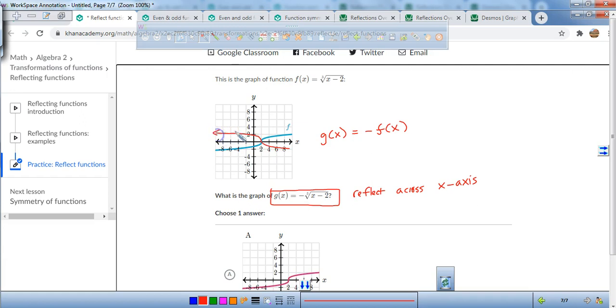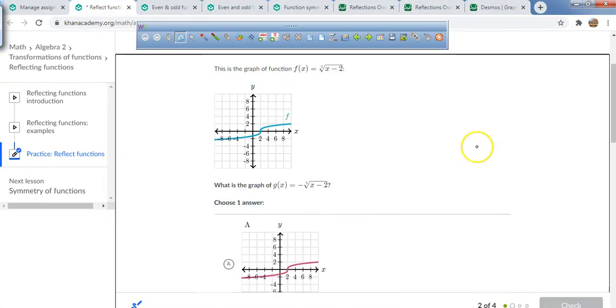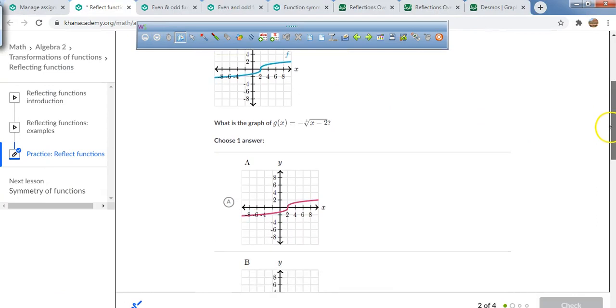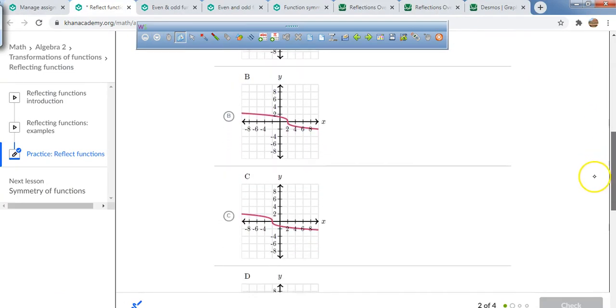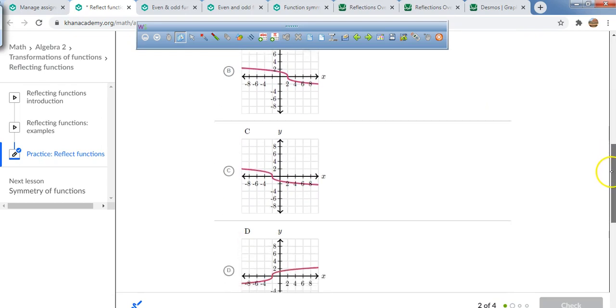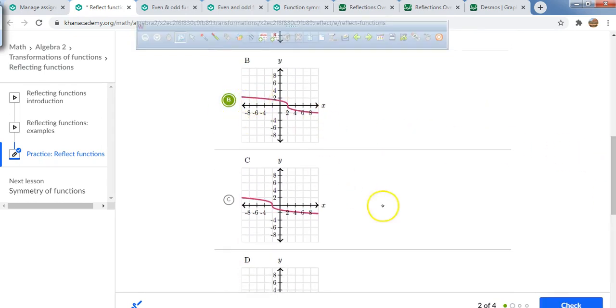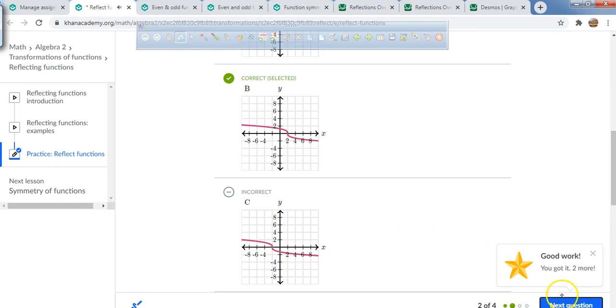That's what I'm going to be looking for. A graph that looks like this, which is definitely not A. Totally not A. Oh, I'm liking B. Yep, definitely. Totally B.